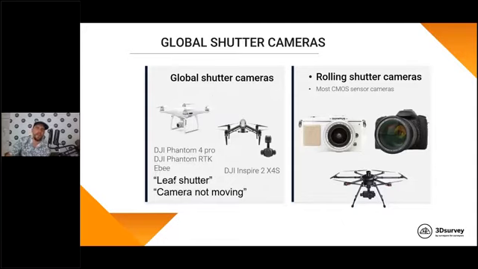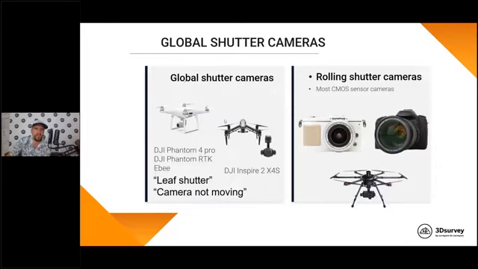Then if we have a regular camera with a lens that has a leaf shutter, it will also count as a global shutter camera. And then the final part, if the camera is not moving when the picture is recorded, then we can also count it as a global shutter camera.